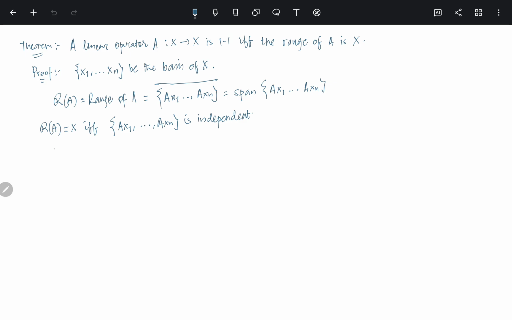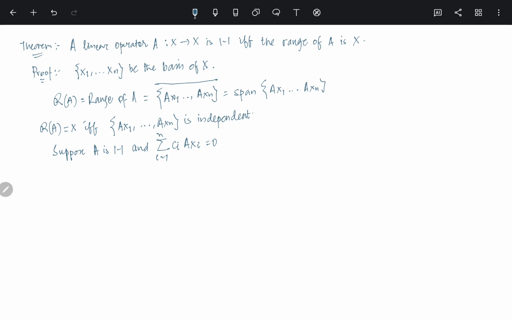Suppose A is 1 to 1. If that is the case, and let's say that the summation of ci A xi, i equals 1 to n, is 0. I am assuming this.